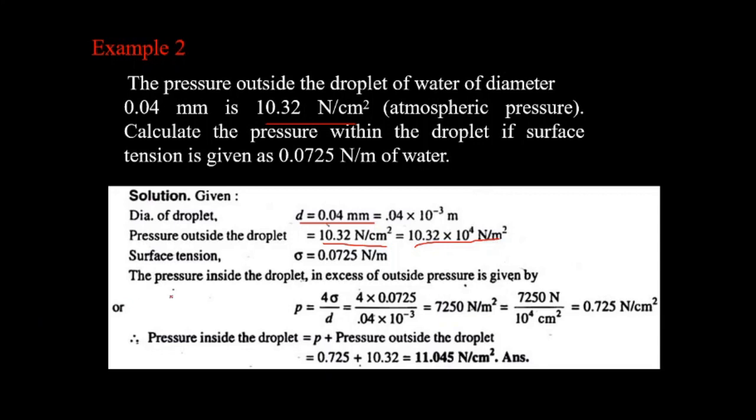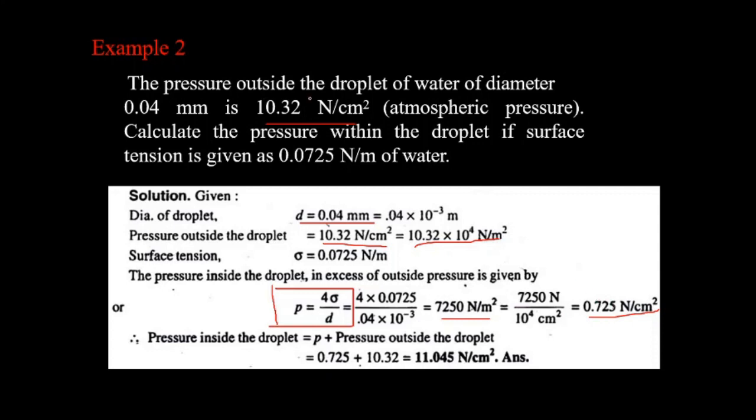So P is equal to 4 sigma by D, so 4 into sigma 0.0725 divided by D, 0.04 into 10 power minus 3. We will get the pressure inside the droplet as 0.725 Newton per centimeter square.